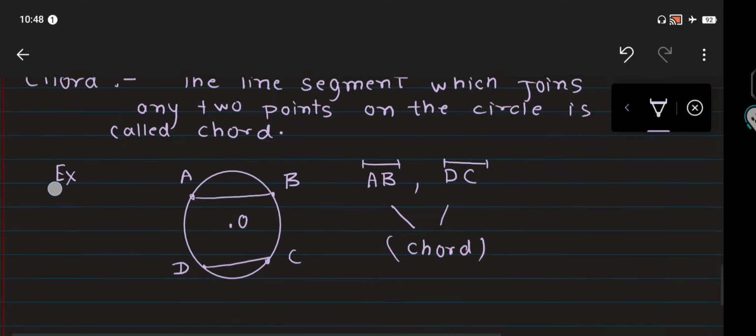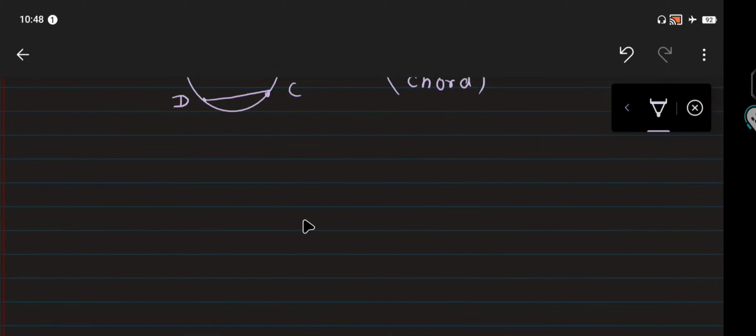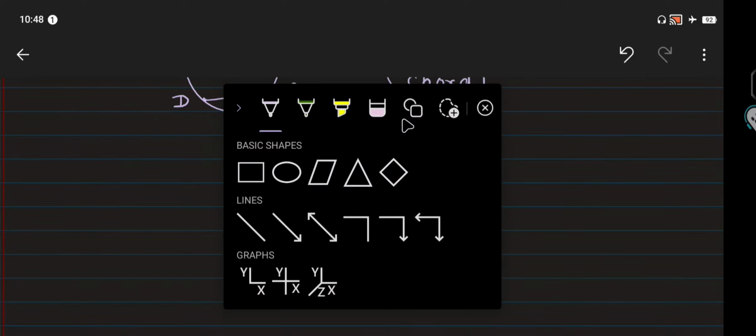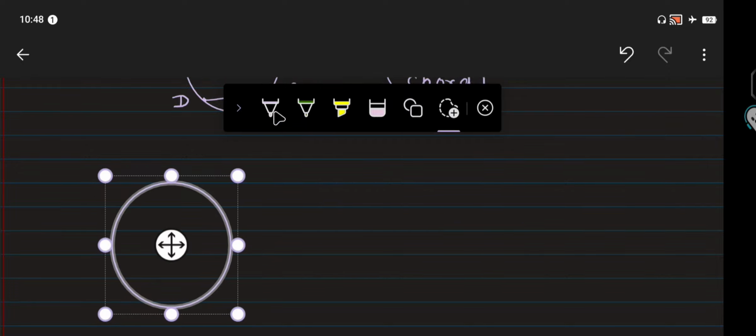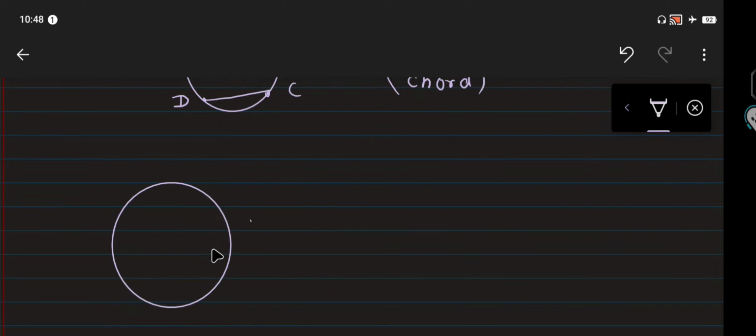So if we draw many chords on a circle like this, you will realize that as you get closer to the center O, the length of the chord increases.